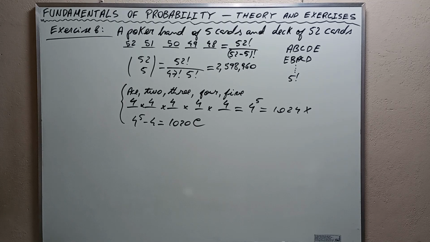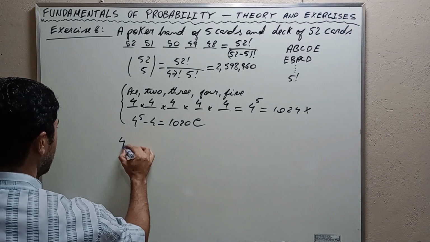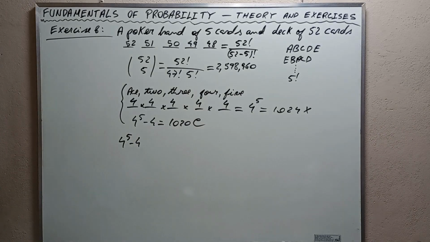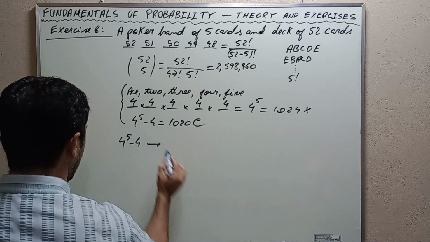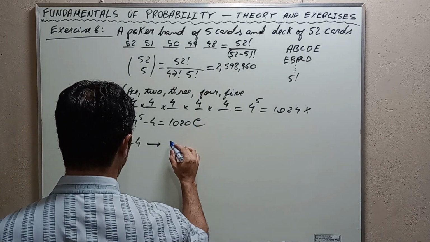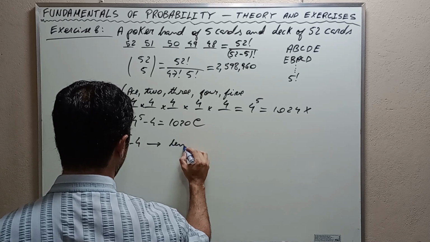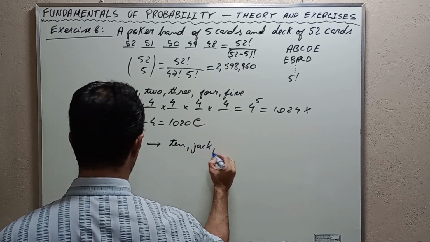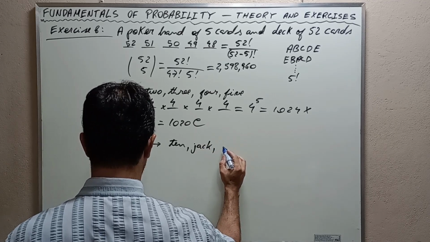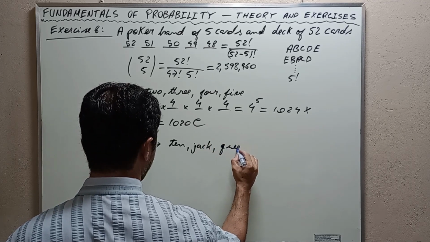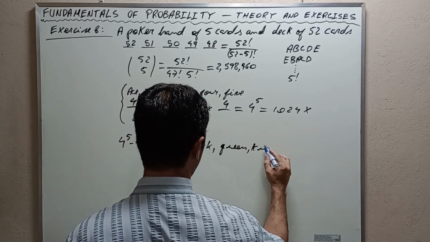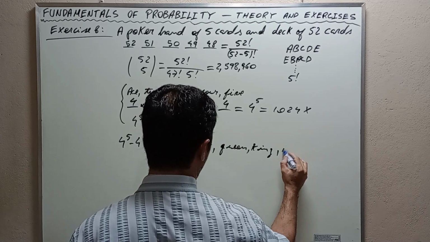Similarly, there are 4 to the fifth minus 4 hands that make up a straight of the form 10, Jack, Queen, King, and Ace.